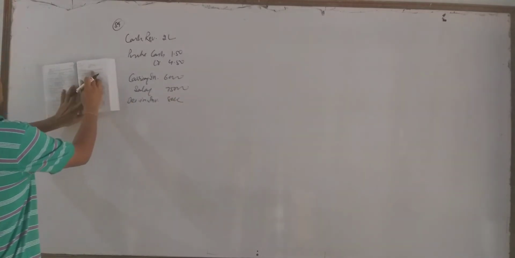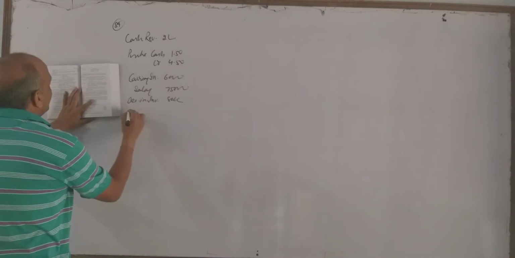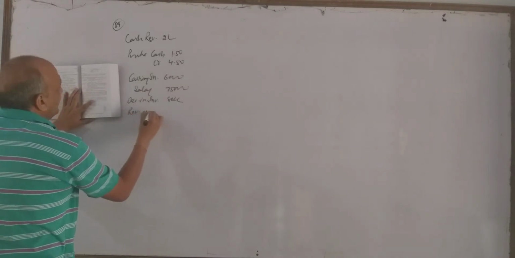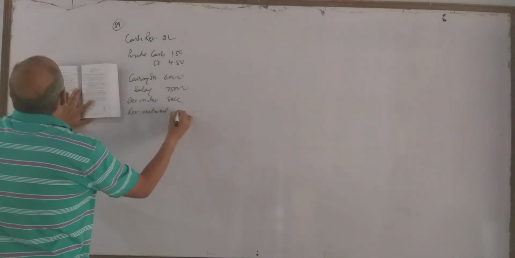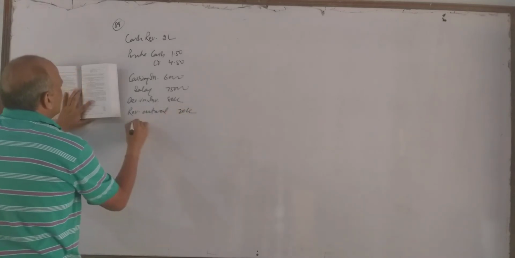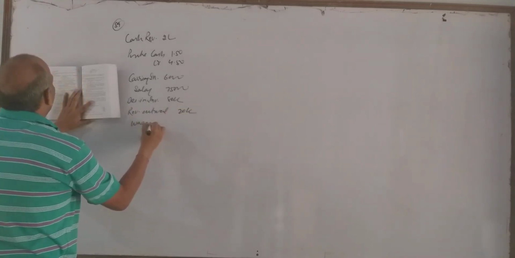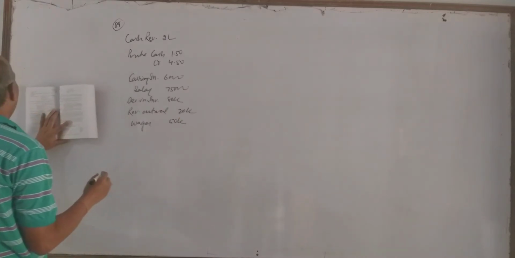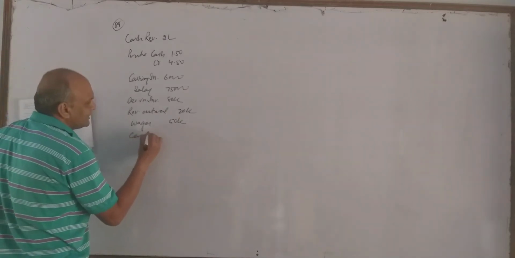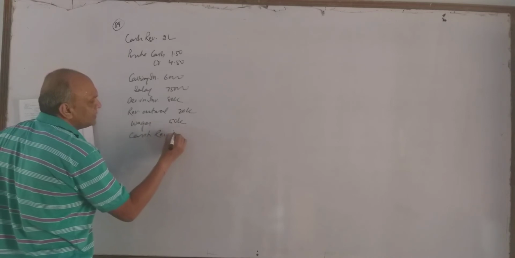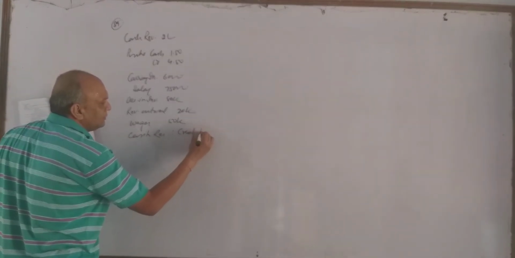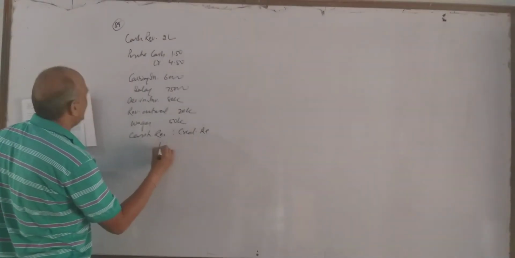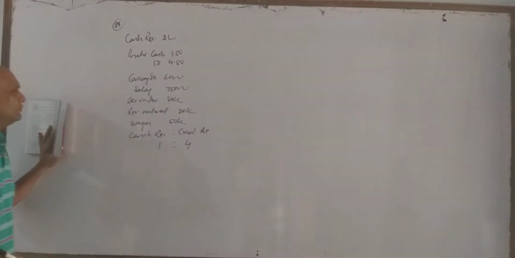Then we have given return outward, it is 20,000, wages 50,000, and cash revenue to credit revenue ratio is given 1:4.